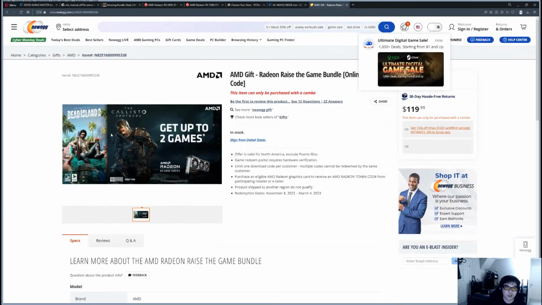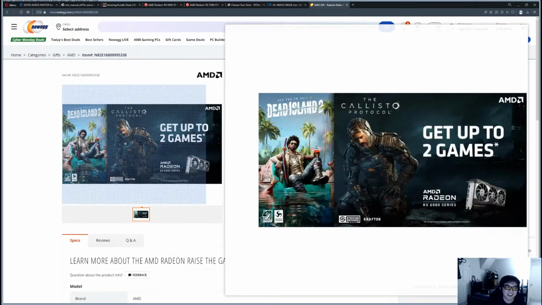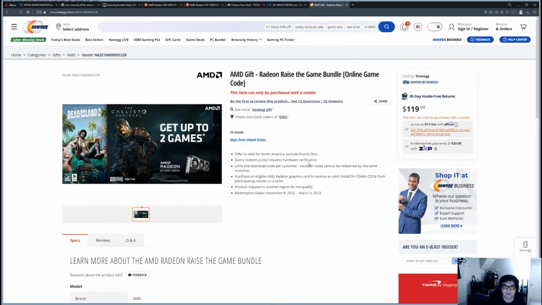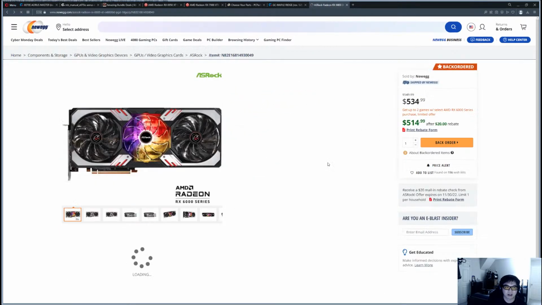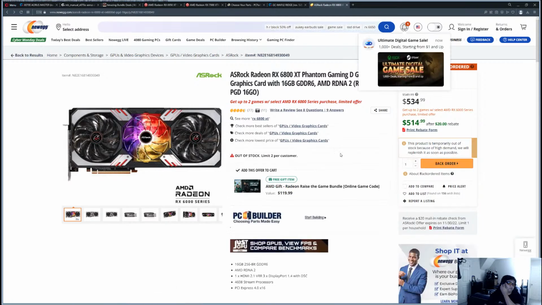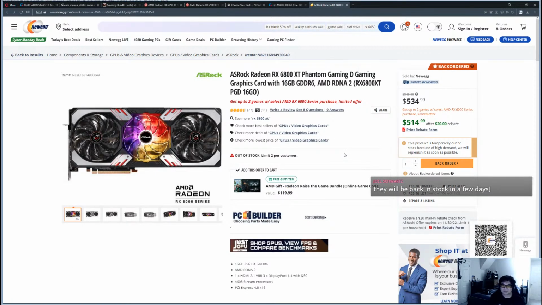You even get the 2 free games, which you can't get with the NVIDIA stuff. Not only is this way cheaper, but you're getting 2 free games, regardless of whether you're gonna play them or not. Who cares? It's $120 worth of games it's just giving you. So to me, that's a deal. If it was me, this is the one that I would get. So congrats on that.